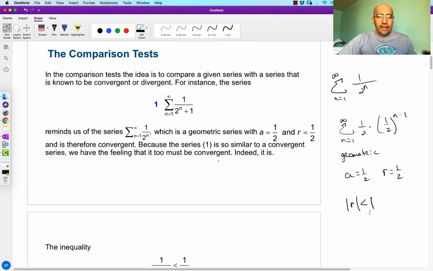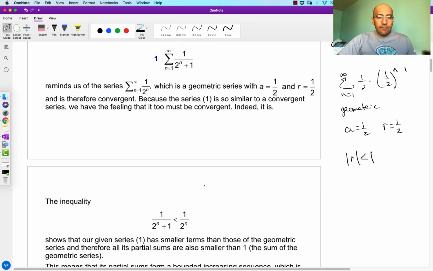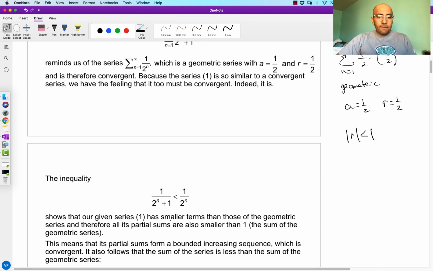On a term-by-term basis, for any value of n, it is always true that 1 over 2 to the n plus 1 is strictly less than 1 over 2 to the n. So on a point-by-point basis, the terms of this sequence are always smaller than the terms of this sequence. And because we've established that the sum from n equals 1 to infinity of this one converges, that establishes that this also converges.